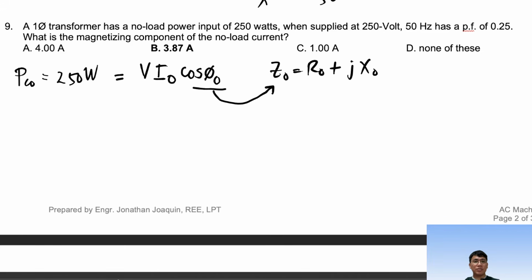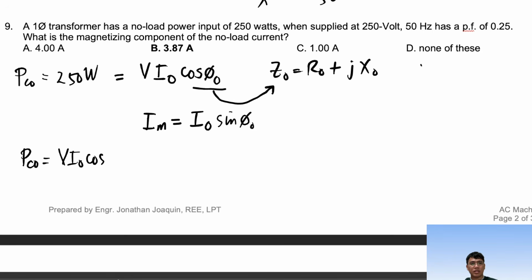Okay. So we use the magnetizing component of the core, the no load current I sub naught sine theta. PCO equals V I sub naught cos theta.